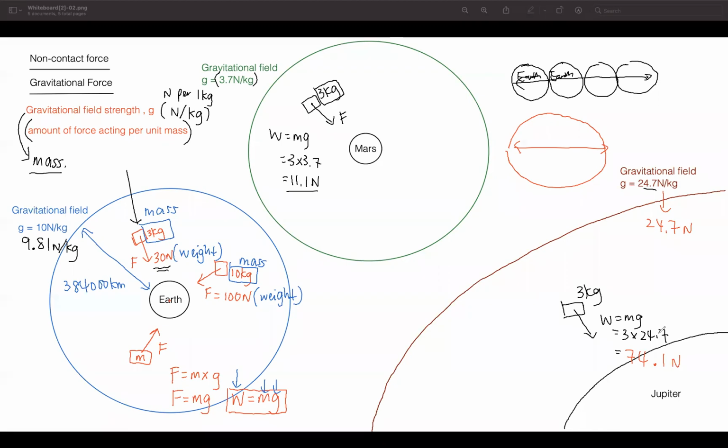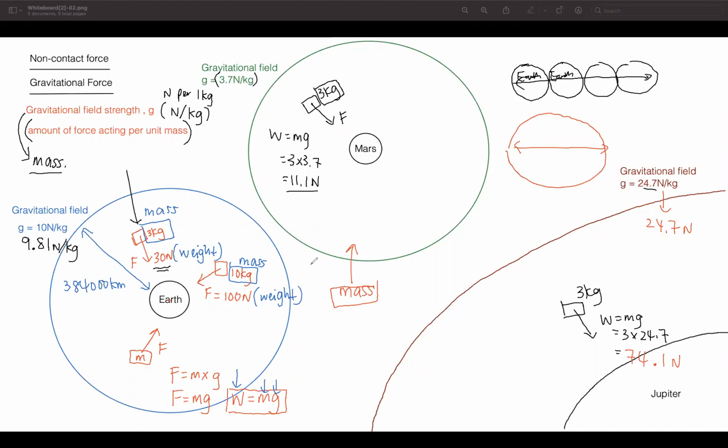So now, we understand that field comes from where? Comes from mass, right? The higher the mass, the higher the field.